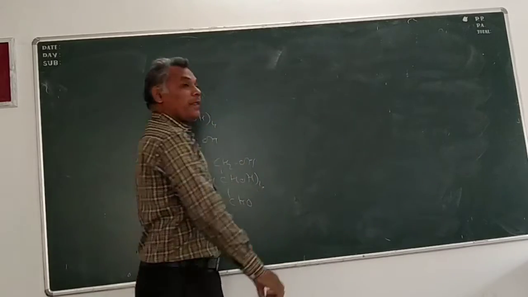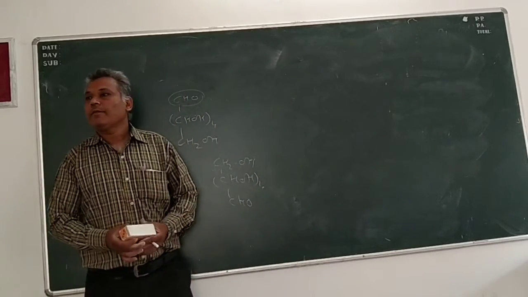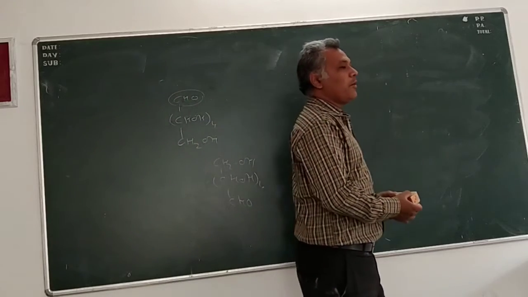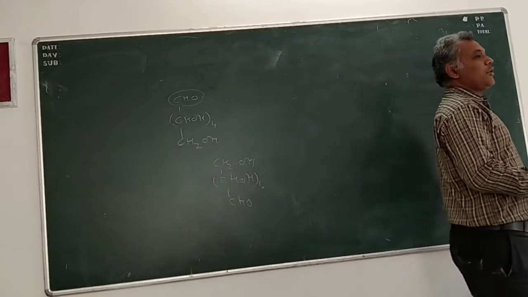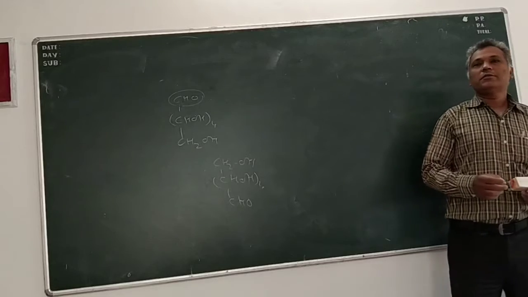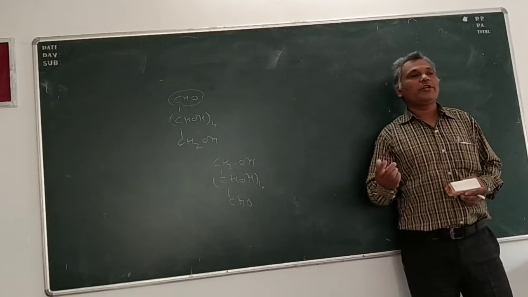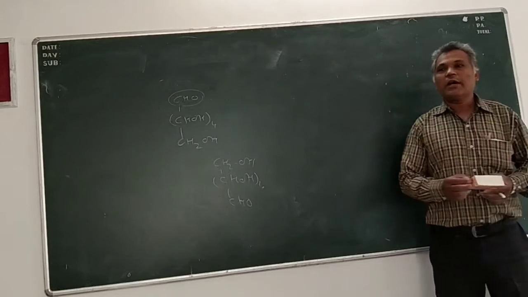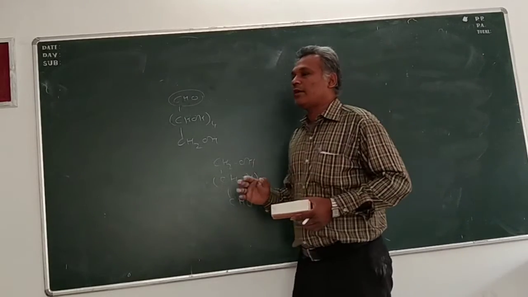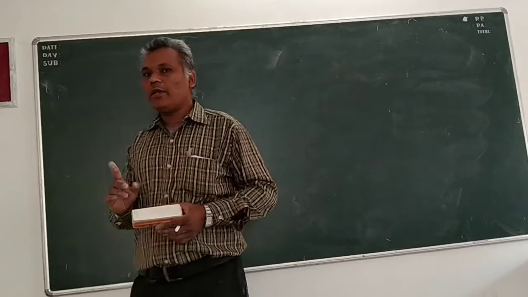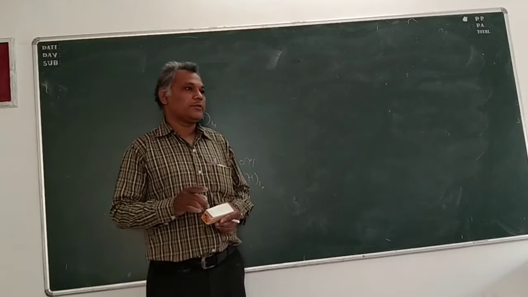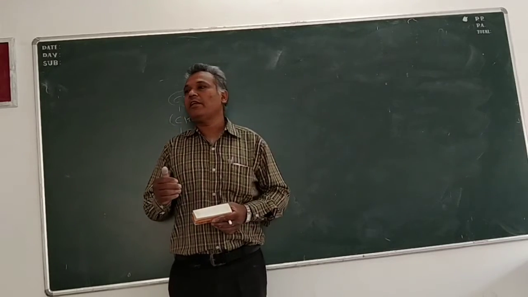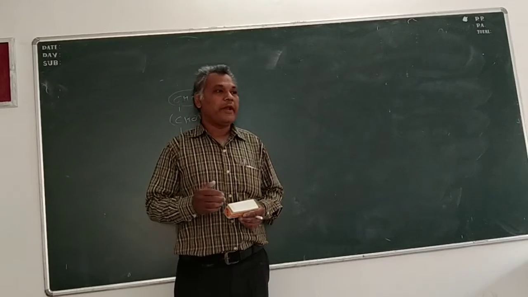Going for oxidation. If you remember again from chapter number 11, oxidation of an alcohol. Primary alcohol gets converted into aldehydes and, on further oxidation, acid, without a change in the number of carbon atoms. If it is a primary, no change in the number of carbon atoms. But if you are having secondary, the carbon chain breaks itself.